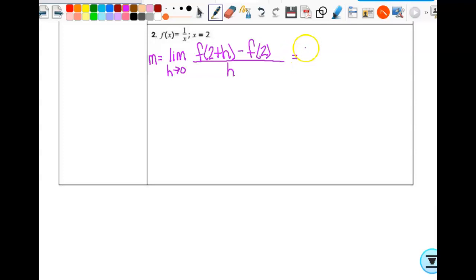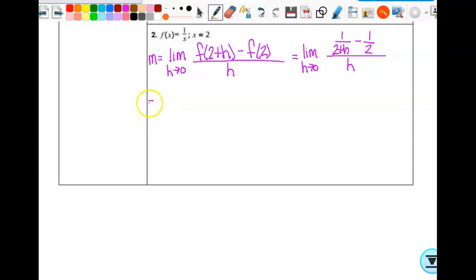So that is equal to the limit as h approaches 0 of, so f of 2 plus h is going to be 1 over 2 plus h minus 1 over 2 all over h.